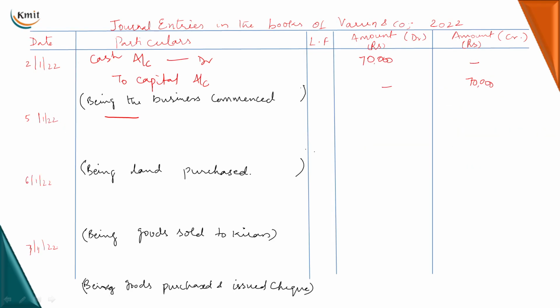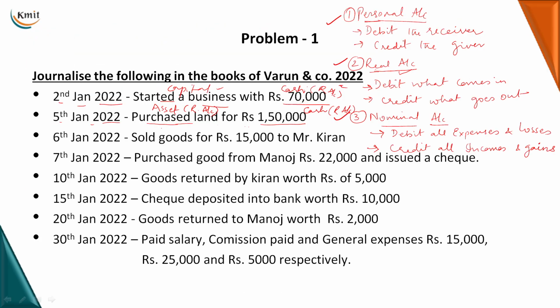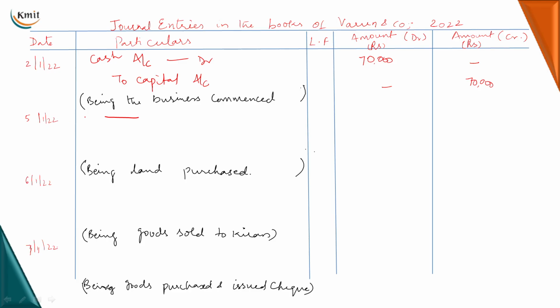So the journal entry for this will be as follows. The rule for the real account is debit what comes in, credit what goes out. Land is coming in, and cash is going out. So the relevant journal entry would be land account debtor to cash account.